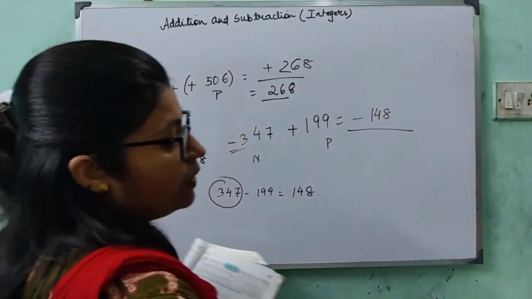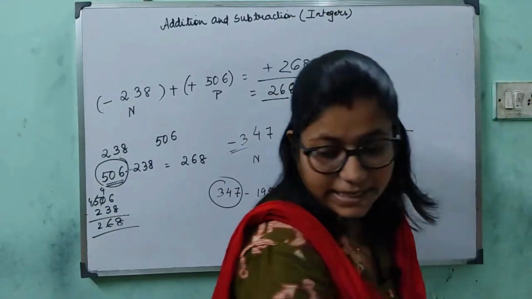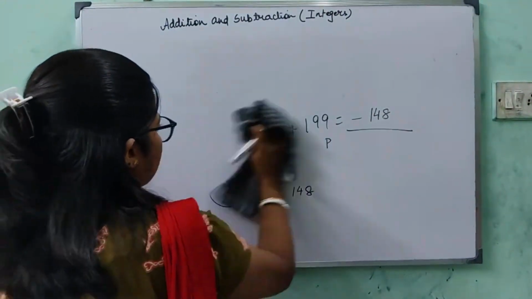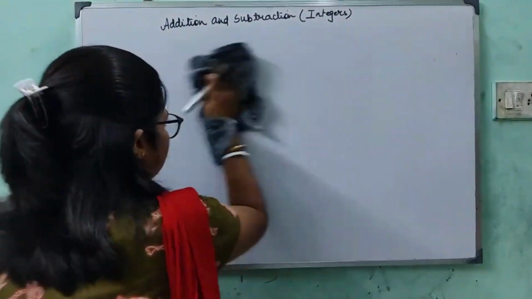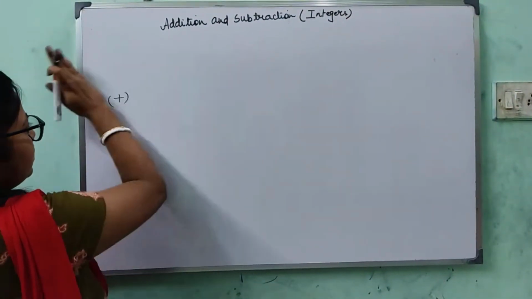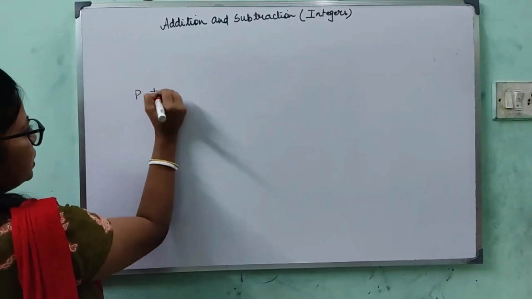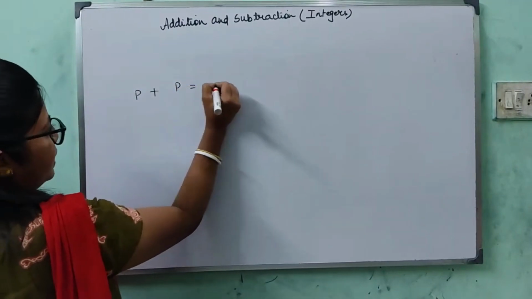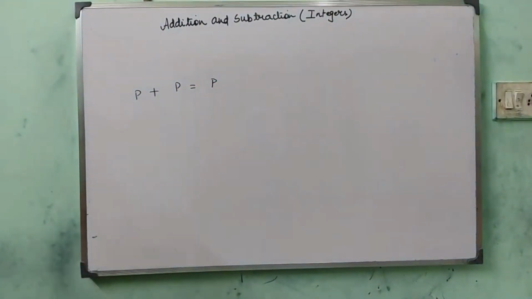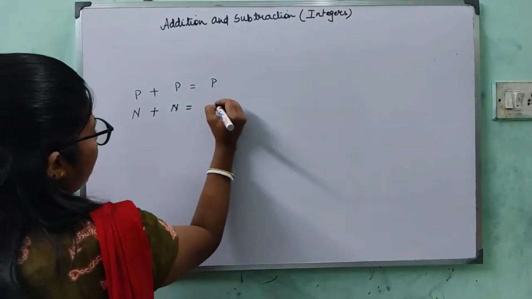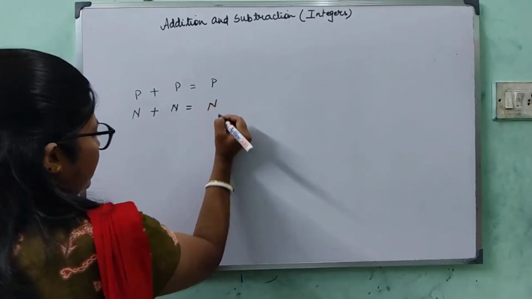So with these examples, what did we learn so far? Whenever I am adding a positive integer to a positive integer, I am getting the answer as a positive integer. Whenever I am adding a negative integer to a negative integer, the answer will be a negative integer.